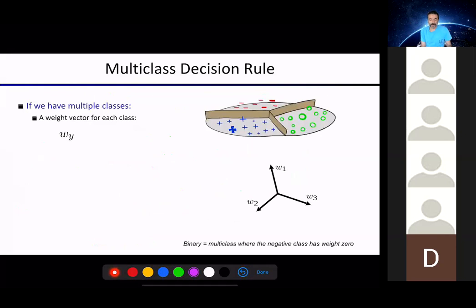Now we want to look at how we could extend it to multiple classes, when we have more than two classes. For example, here we have three different classes, and we want to have a way to do the same or a very similar approach to update the weight vectors that does this classification for more than two classes. So it's a very simple extension. For each class, we consider a weight vector associated with this class.